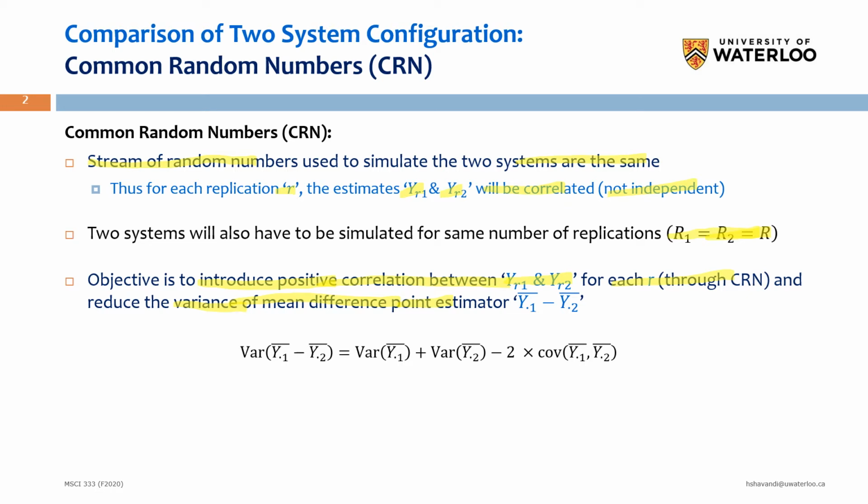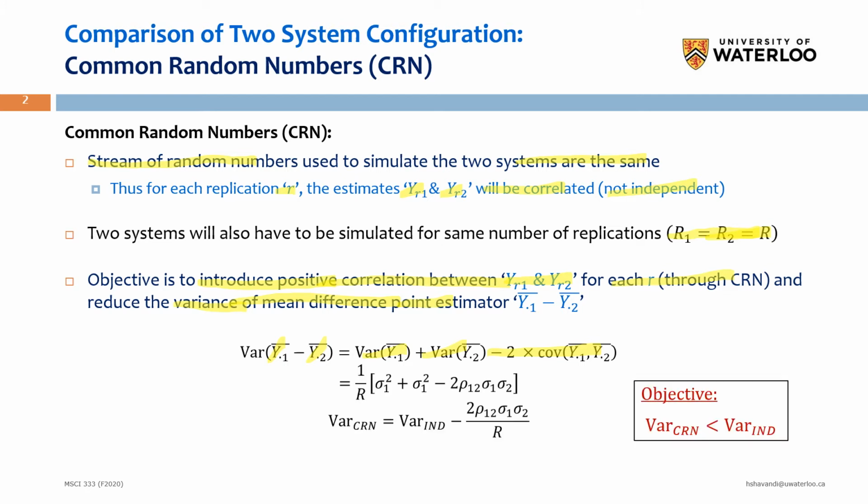Since y bar 1 and y bar 2 are not independent, the variance will be: variance of y bar 1 plus variance of y bar 2 minus 2 times the covariance between y bar 1 and y bar 2. By having this covariance term, we obtain the variance under CRN, and then we can compare it with the variance under independent sampling.